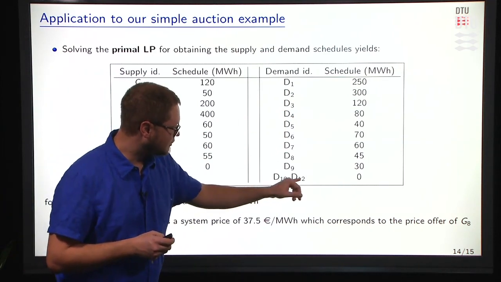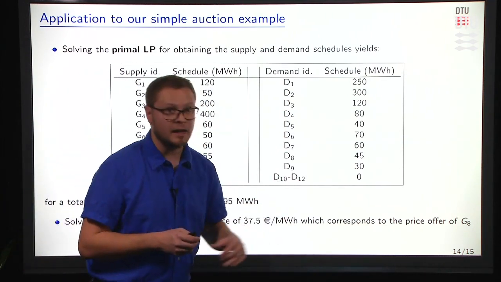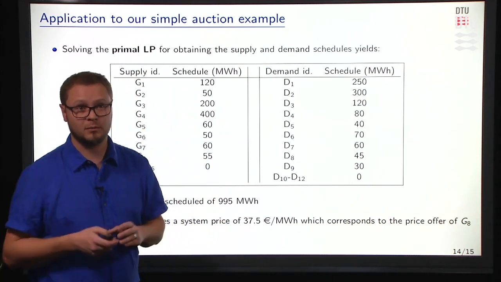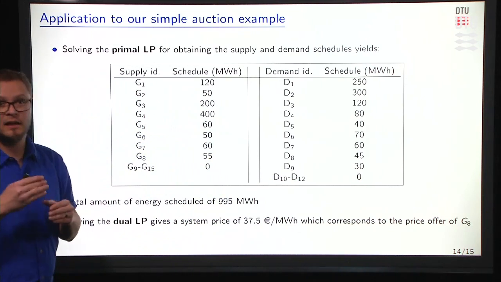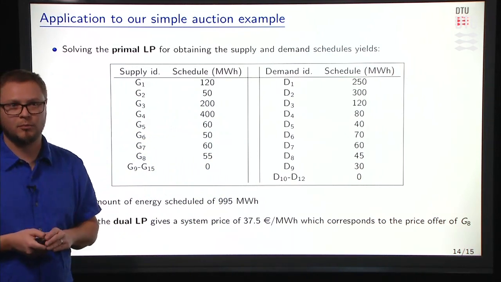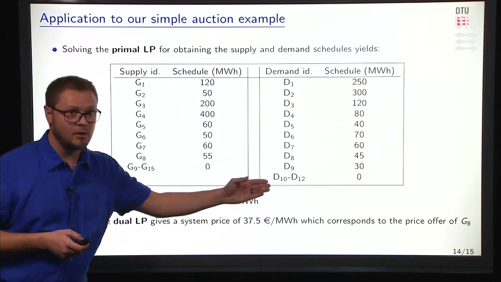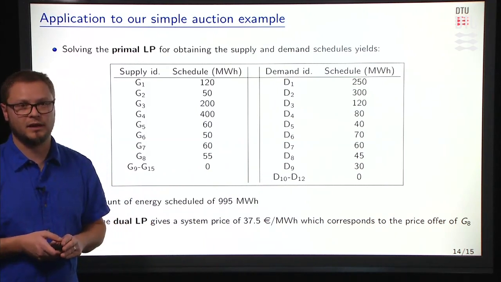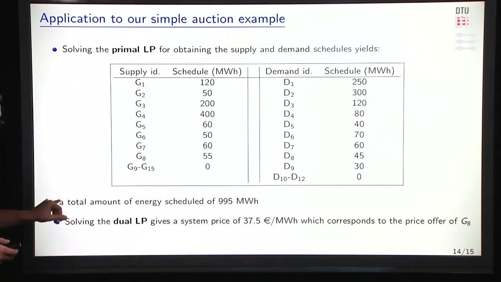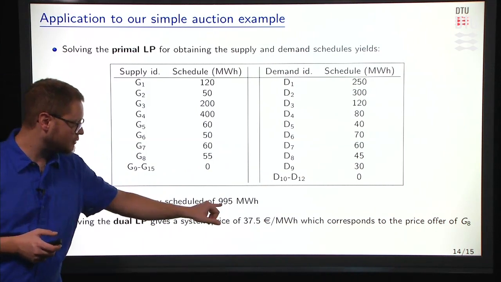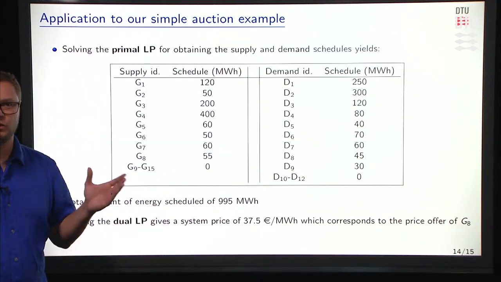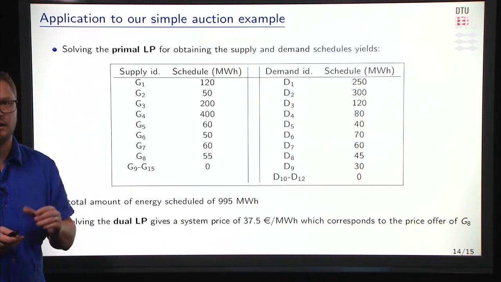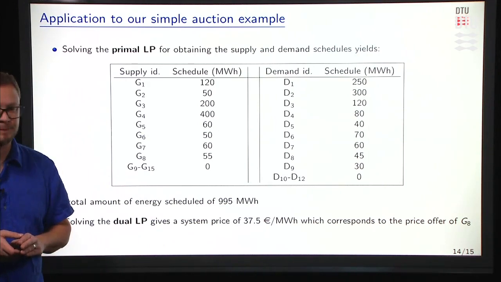Finally, D10 to D12 are scheduled at 0, meaning they will not be able to consume electric energy, and it's the same story as for the supply side. They are on the right of the equilibrium point, meaning that scheduling them would not make social welfare increase. The total amount of electric energy scheduled is 995 megawatt hours, which shows you that not all the supply and demand offers were scheduled and satisfied.